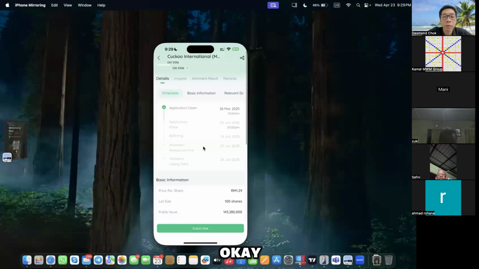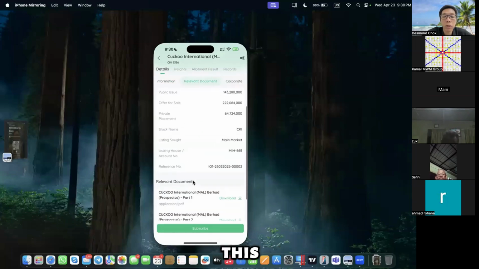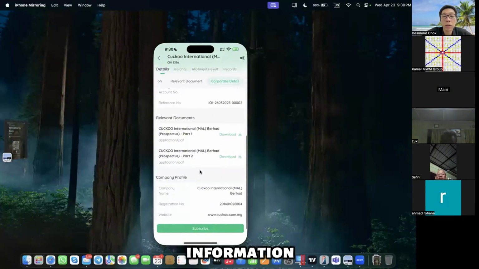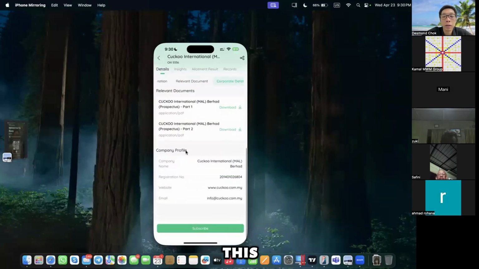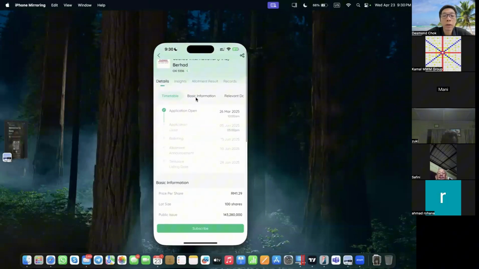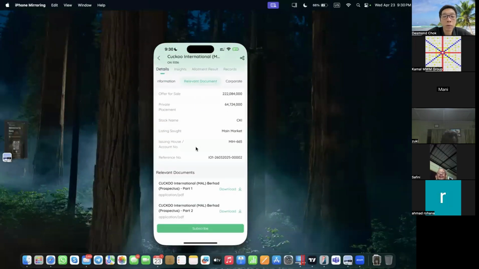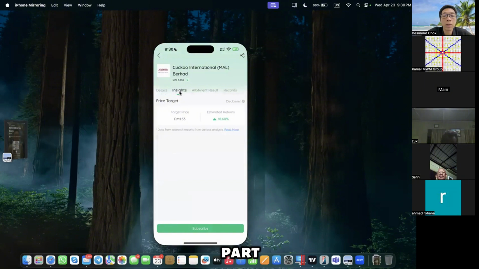When public issue, how much, private placement, how much, all this. Then relevant information, this one is the prospectus. Those you can download and read. This is all the stuff, the corporate information, the basic information. All this I already scrolled through. So normally the most interesting is the part inside.